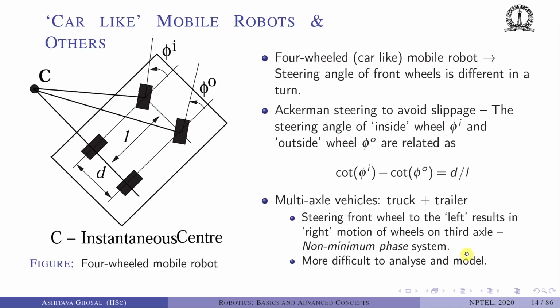These are called non-minimum phase systems, and they are more difficult to analyze and model. So we will not look at these 4-wheel and tractor trailer arrangements. Most of our discussion in this set of lectures will be based on a 3-wheeled mobile robot.